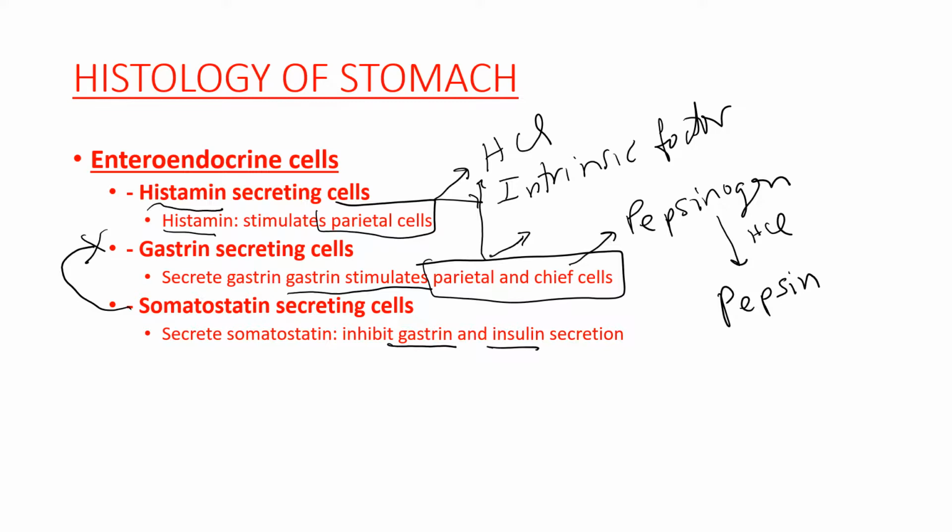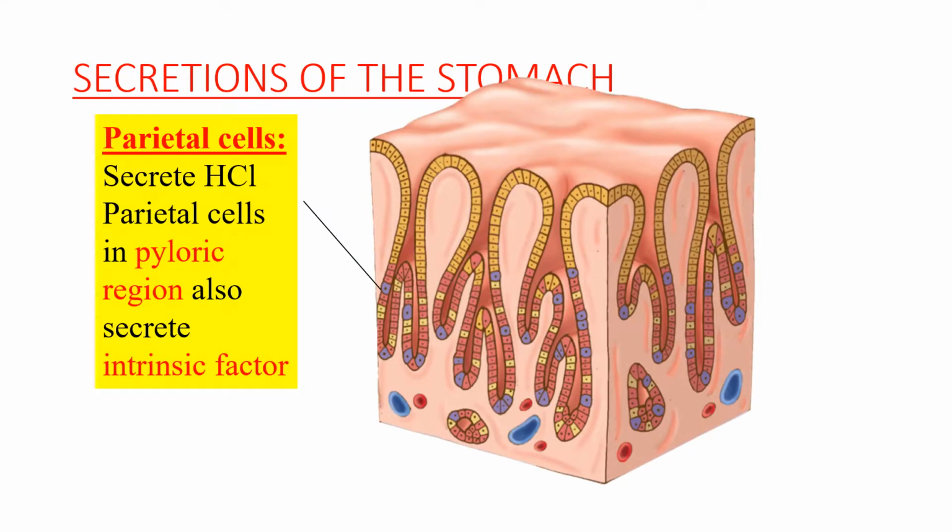In stopping gastrin secretion, somatostatin will stop secretions by the parietal and chief cells. Parietal cells, especially those in the pyloric region of the stomach, will secrete intrinsic factor. All parietal cells in the stomach secrete hydrochloric acid.